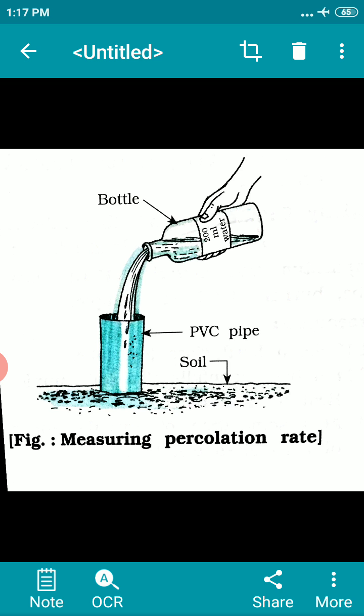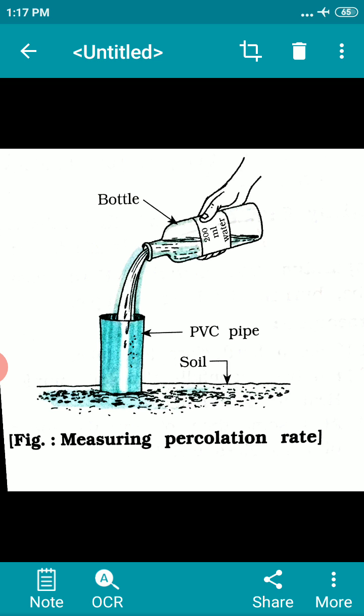Now the next one, the retention, otherwise water remains in the form of moisture in the soil. So how can we know how much moisture is there in the soil? First, take a hard glass test tube, put 2 spoonfuls of soil sample in it, and heat it on a flame.